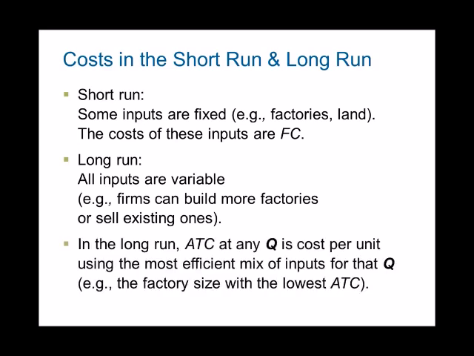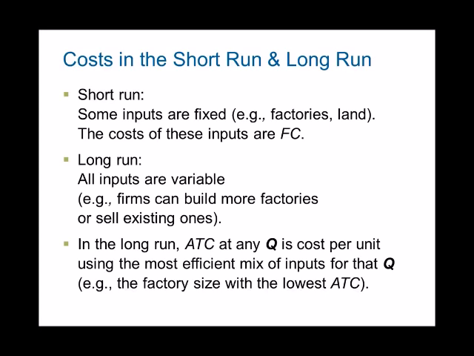So in the long run, because of trial and error, you learn about your business and everything. Your average total cost, that is the total cost per unit, is basically, because you learned your trade, you're using the most efficient mix of inputs to produce that output.